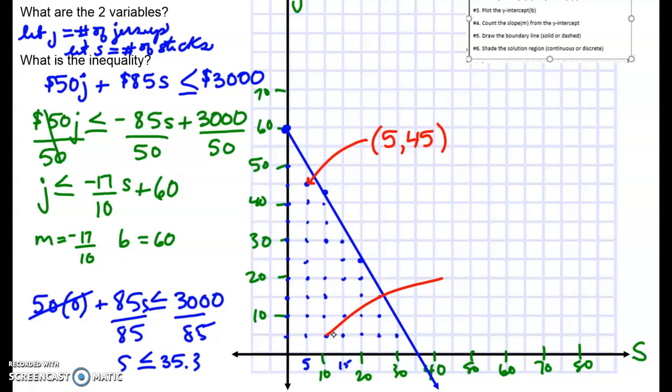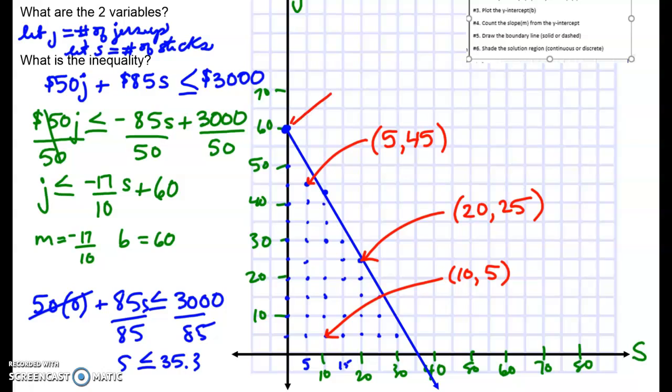Or this dot here means 10 sticks and 5 jerseys. Everything in this solution region, when we find the combination, is going to cost less than $3,000. This one here, it appears like it's in the solution region. That would be 20 sticks and 25 jerseys.